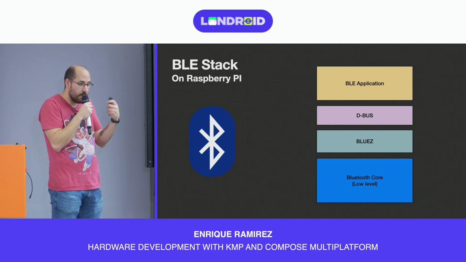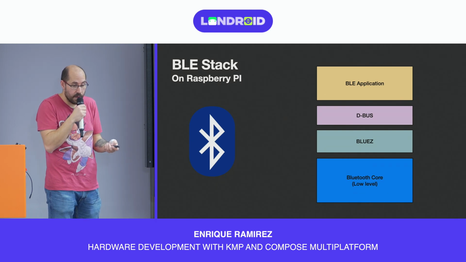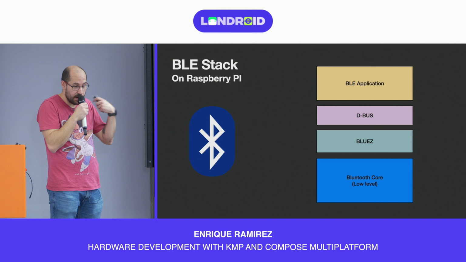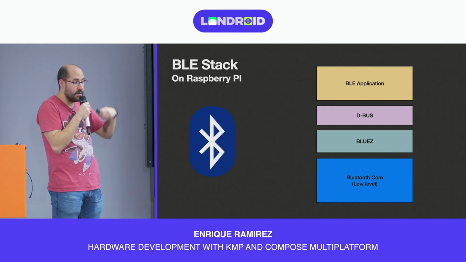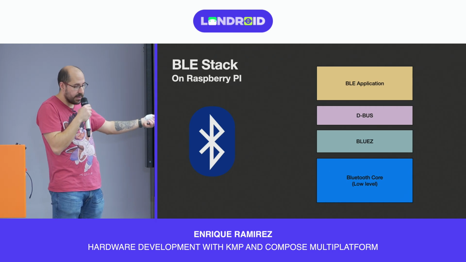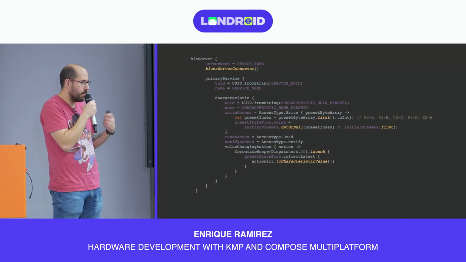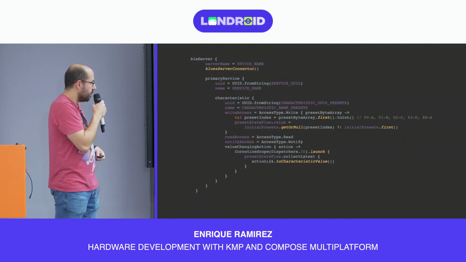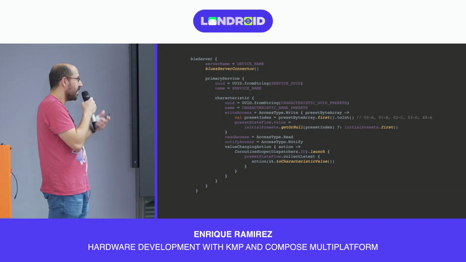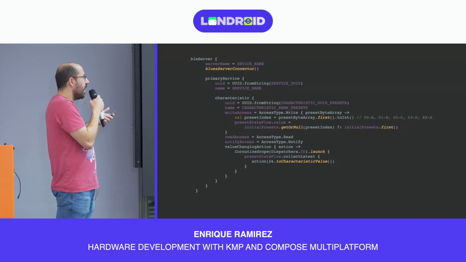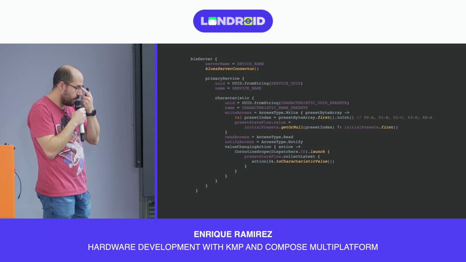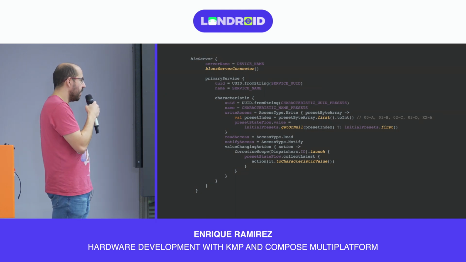As I said, most of the examples I've seen are in Python, and you could talk to that directly through Python. But with this library, I could do my Kotlin version of it. And this is a bit of an example of how you would write it with the library.